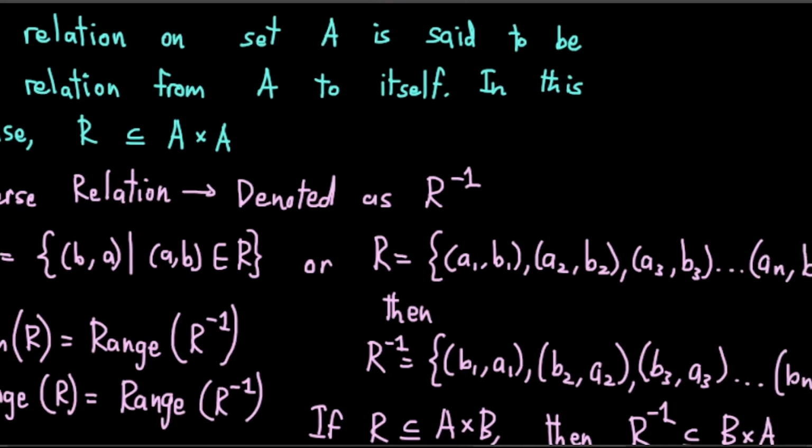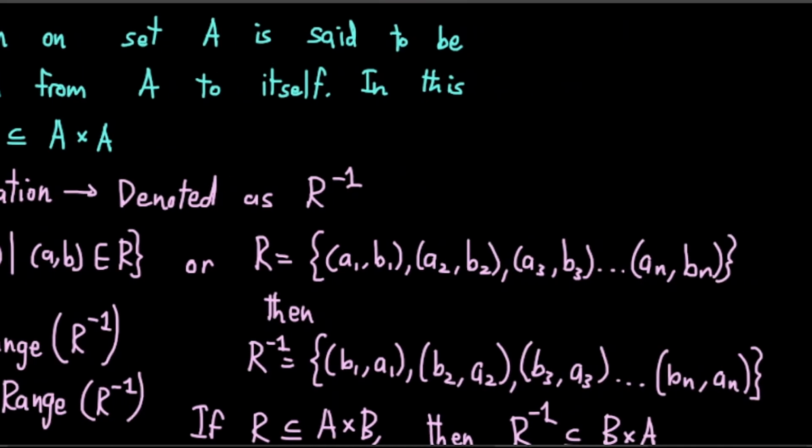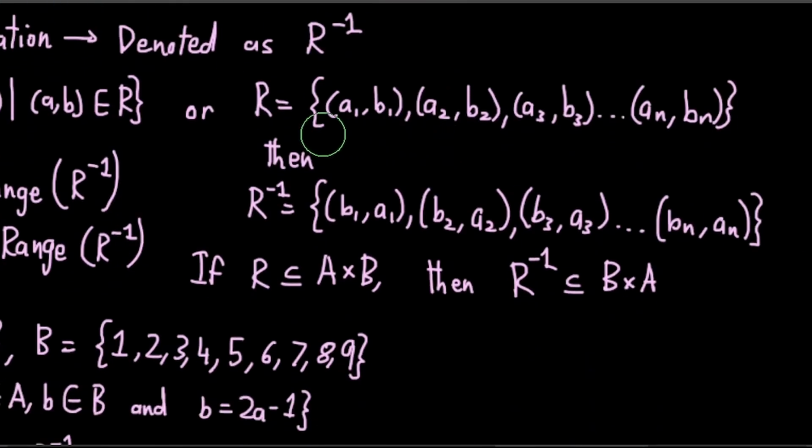The way we're going to do this in roster form is, let's say we take the set R, which contains all the ordered pairs (a1, b1), (a2, b2), (a3, b3), and so on to (an, bn). Then R inverse, the inverse relation, is the set of all the ordered pairs where b1 takes the place of a1 and a1 takes the place of b1. So it's going to be (b1, a1), (b2, a2), (b3, a3), and so on till (bn, an). That's it. It's as simple as that. The places are just flipped.